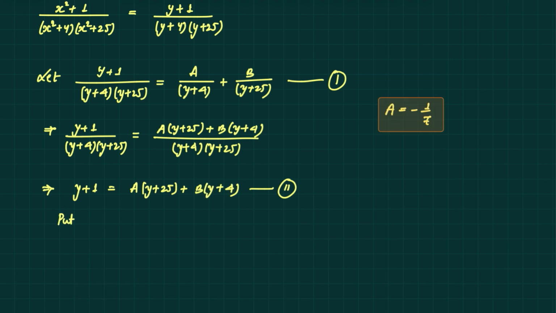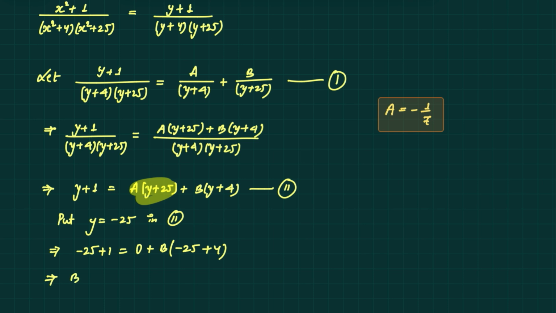Put y equals minus 25 in equation 2, which gives minus 25 plus 1 equals, this term will be 0 as minus 25 plus 25 is 0. So 0 plus b into (minus 25 plus 4). Now this will give b equals 8 over 7.